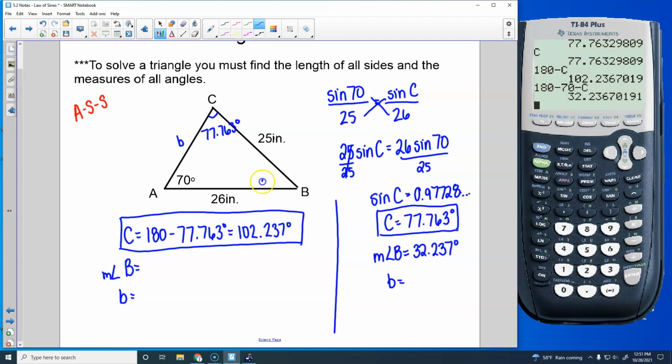Now, I need to use this to find side B. So I'm going to store this as B. So to store, again, it's going to be that STO right above your ON button. And then I'm going to tell it alpha B here.